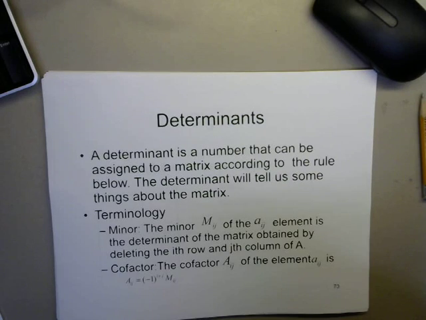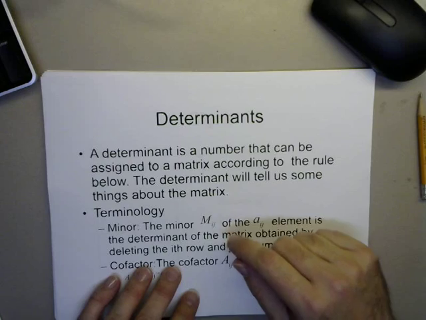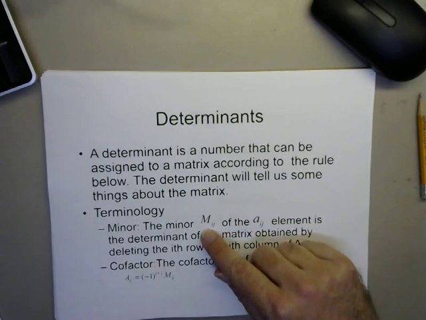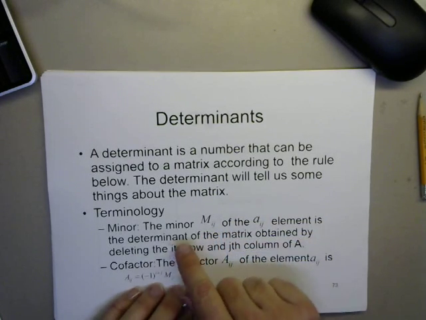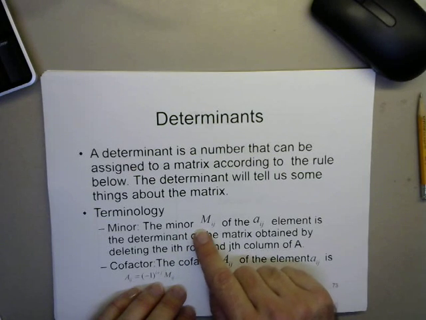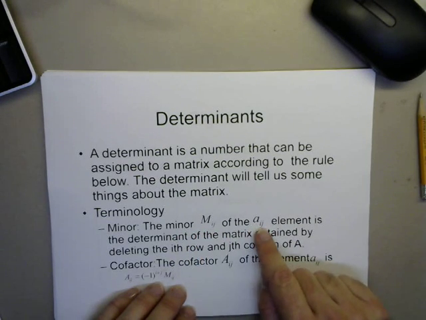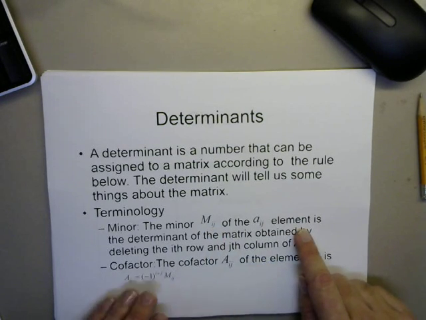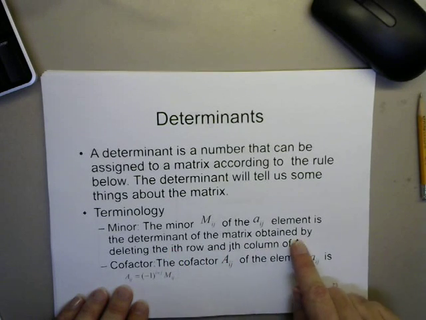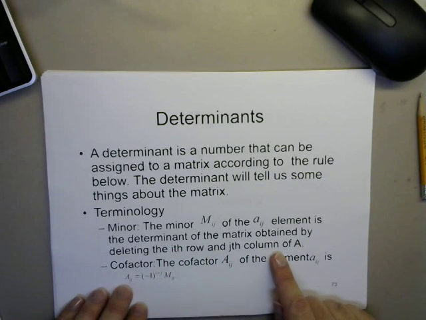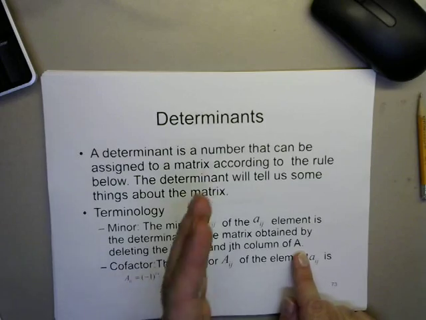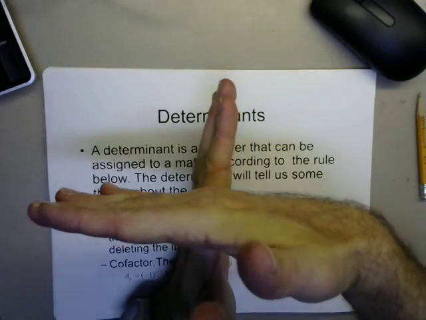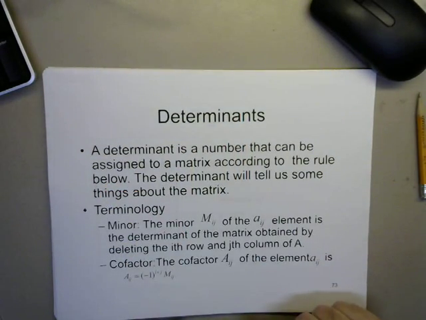But basically, to give you some terminology here, and I don't know if you really have to know this terminology all that well. I'll show you with an example here in just a minute. But if the elements of a matrix are Aij, the minor of Aij is the determinant of the matrix obtained by deleting the ith row and the jth column of A. So if you have some matrix and you delete the ith row and jth column, that will be the minor.